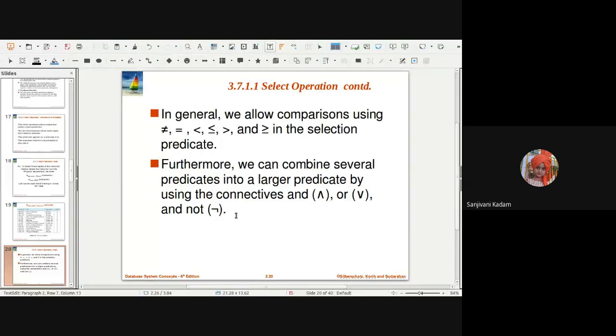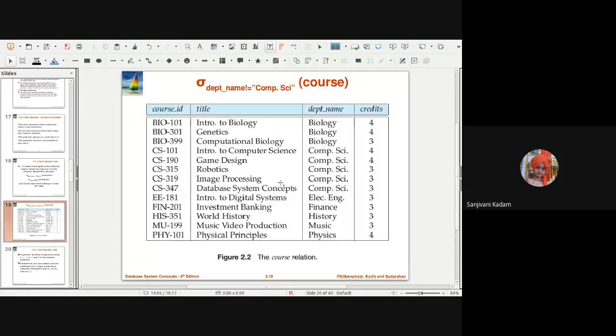So the statement says that furthermore, we can combine several predicates into a larger predicate by using connectives and, or, and not. For example, if I say I want to list those subjects which are taught in computer science but with credit 4, my condition is that department should be computer science and credit should be 4.